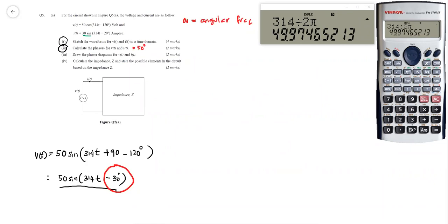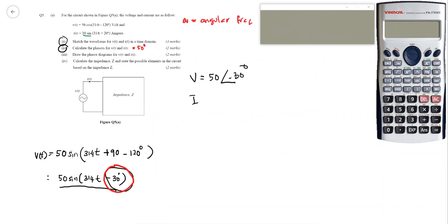Okay. So if you write down the voltage and current in the phasor domain, your voltage V is equal to the magnitude only, 50, and the angle is negative 30 degrees.